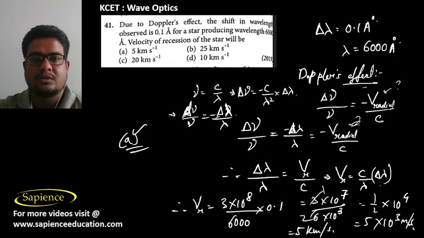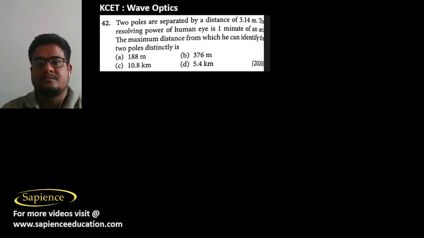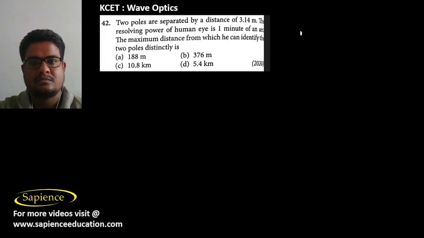And then question number 42. Two poles are separated by a distance of 3.14 meters.